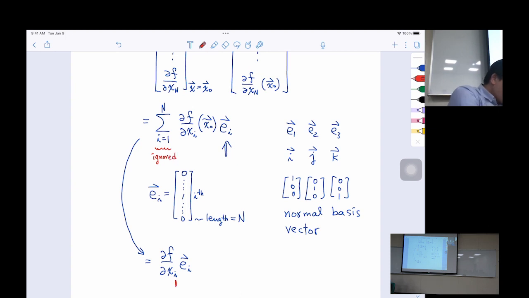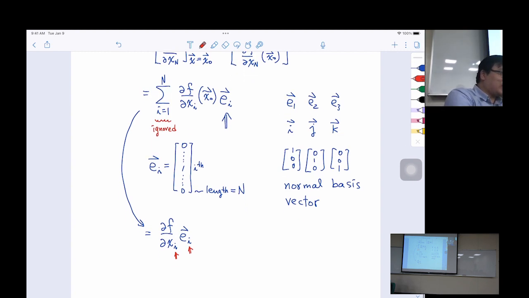So when you see a notation i and i together, then it means summation. So this is in Einstein notation. Okay?